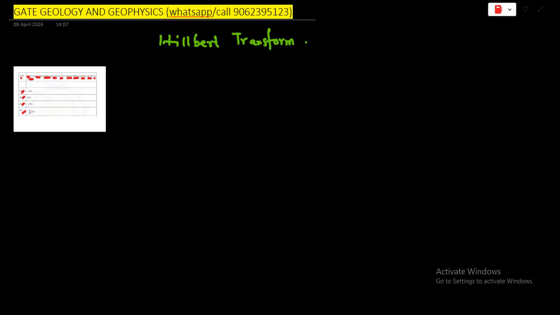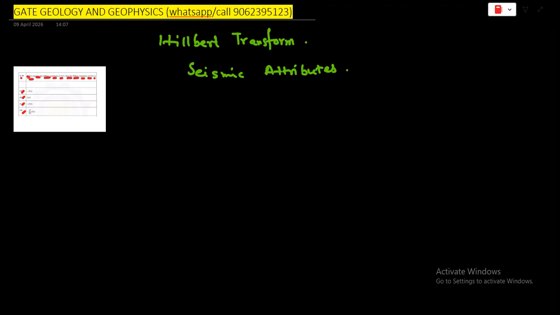Okay, but why are we doing this in a geophysics examination? Because of the seismic attributes. When we record the seismic waves from the ground, they are messy, and we use the Hilbert transform to create an analytic signal.